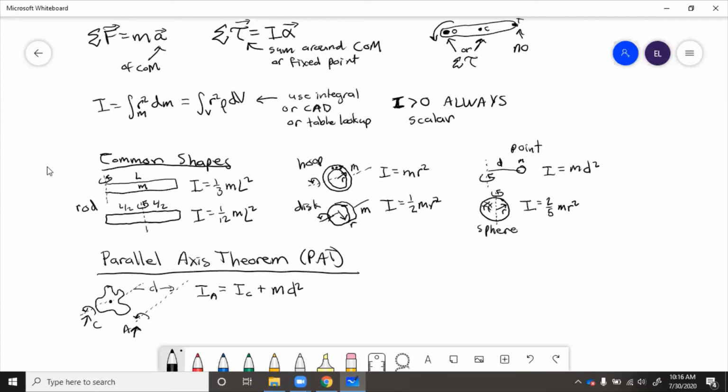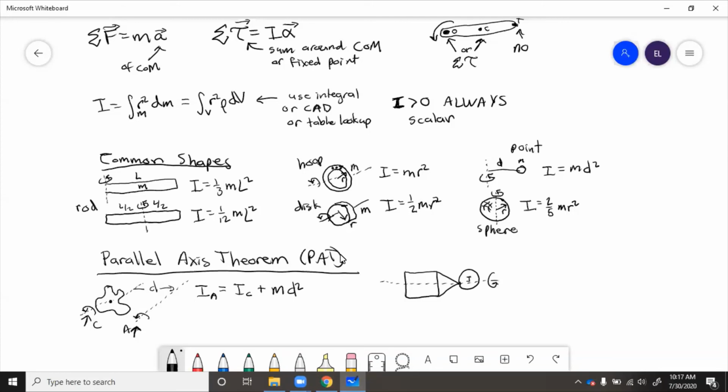Also, if you have an object that's got multiple shapes on it, then you just add up all the moments of inertia together. Now for composite bodies, moments of inertia add. So let's say you've got a shape like this here. You have this object and it's rotating around this axis. You just add up all the moments of inertia.